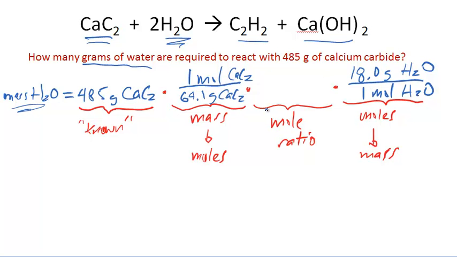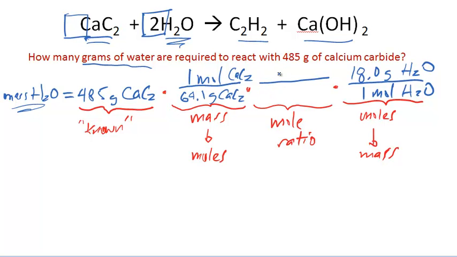The first and third conversion factors will always have 1 mole down here, because they're just conversions between mass and moles, right? However, the mole ratio, this is the conversion factor where you must look at the balanced chemical equation, and you must use the coefficients that are up there, right?